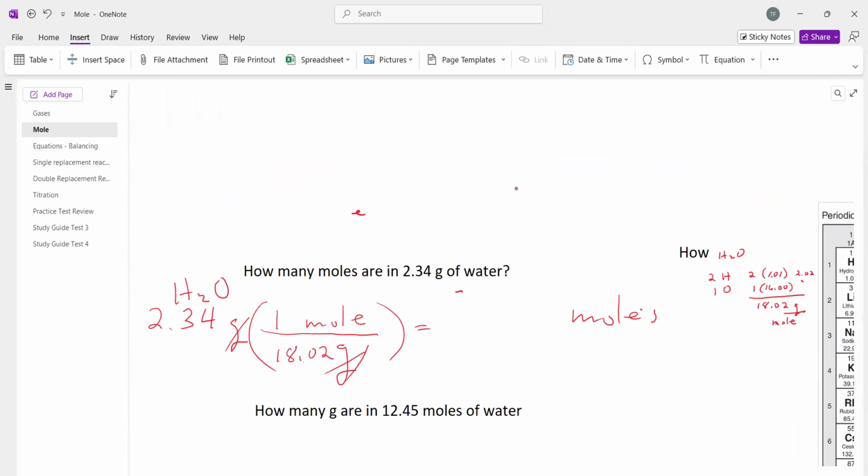And how many sig figs is the answer going to have? How many sig figs is the answer going to have? 3, right?